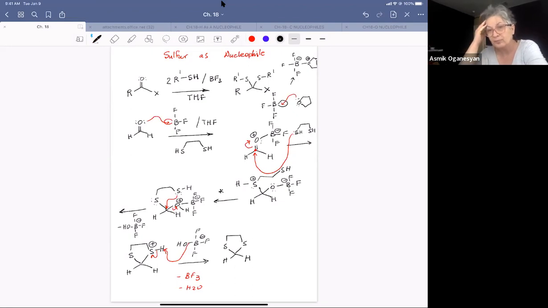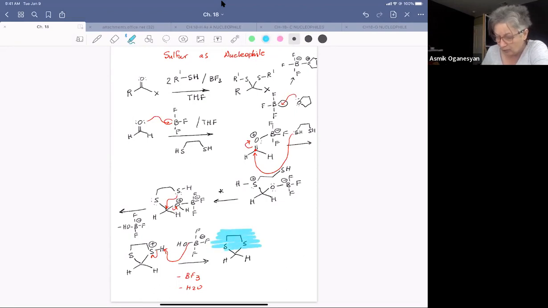Okay. And hopefully now, guys, you see the reason for using formaldehyde as our substrate: if I formed this product now, I have a really good substrate to form a new aldehyde or a ketone.